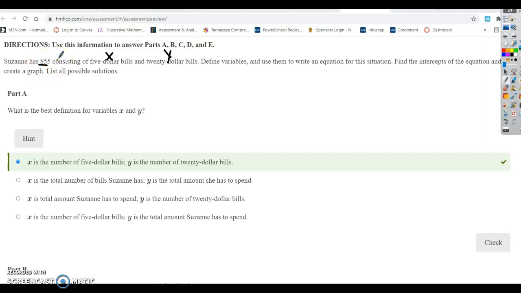Each $5 bill is $5, so we're going to have $5 times however many bills we have, plus $20 times however many bills we have, and that's going to equal $55. That's basically writing our equation. We're just taking the information given in the problem.